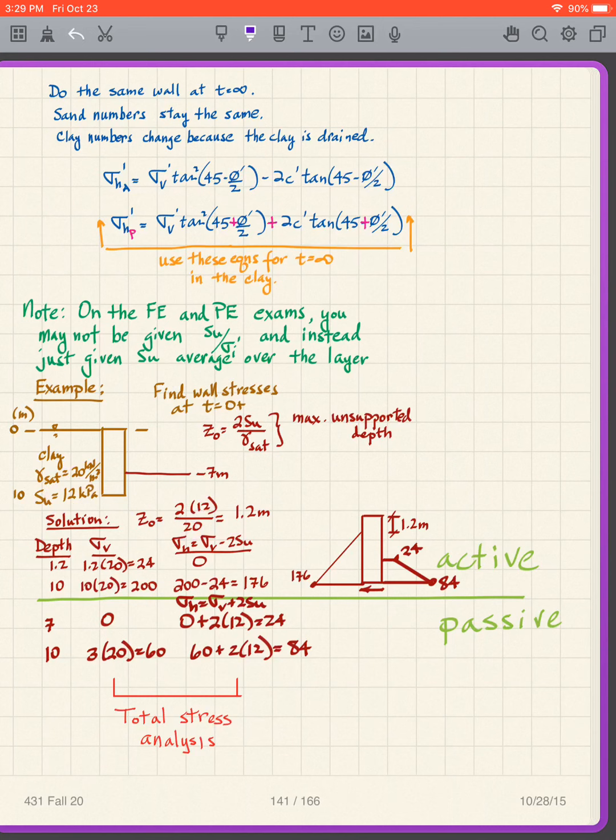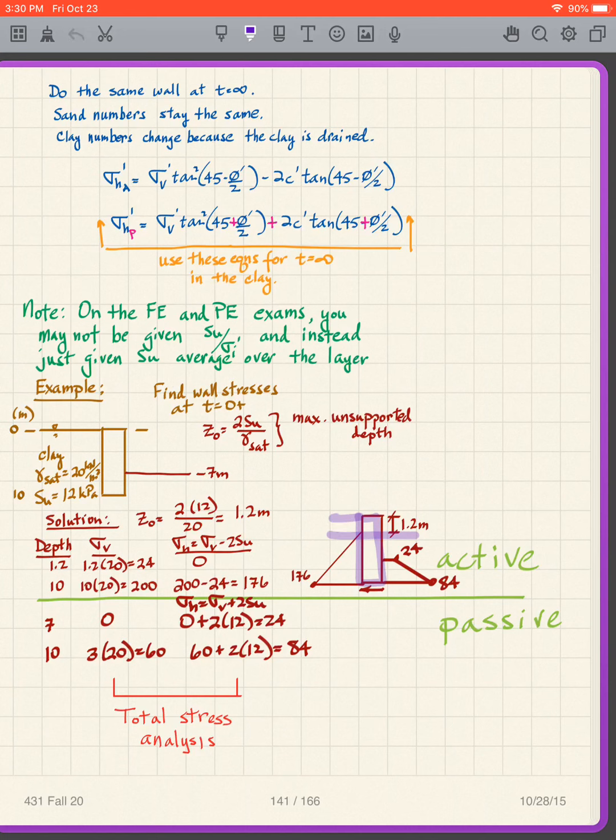for the first 1.2 meters, there's really no stress on that portion of the wall because that is the maximum unsupported height. And so when I plot up my stresses, this distance of 1.2 meters, I have no stress in that region.